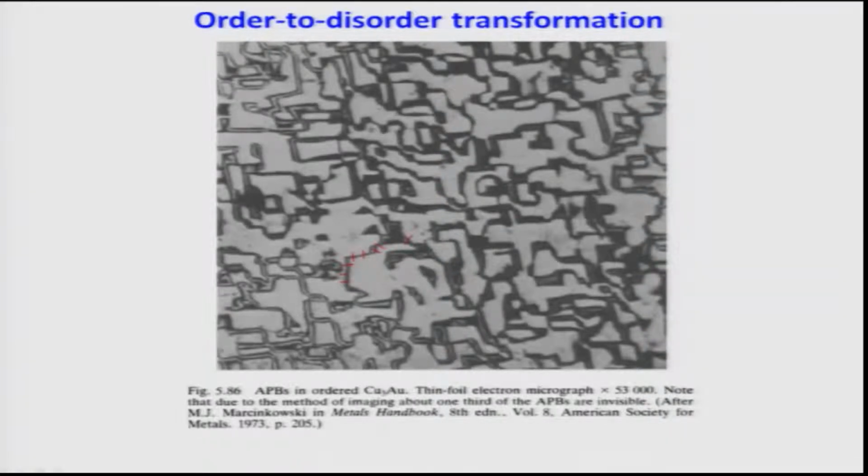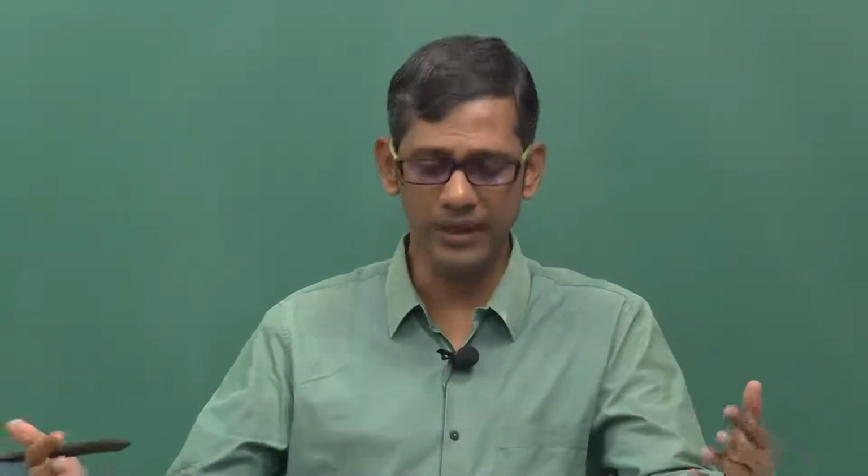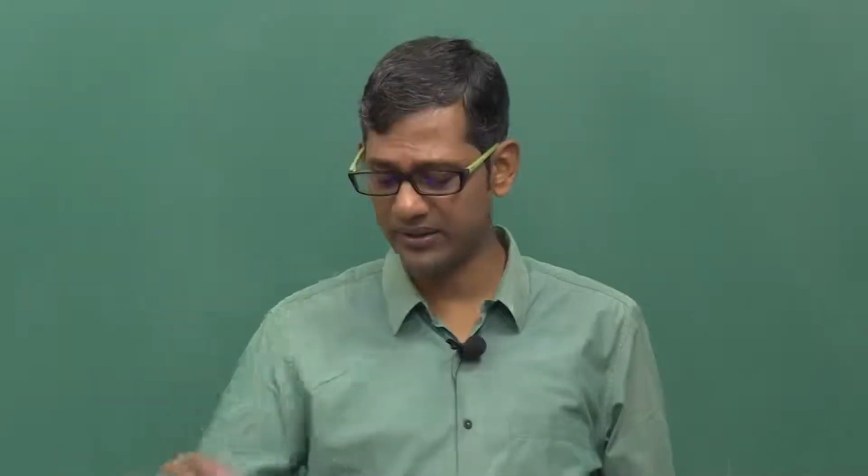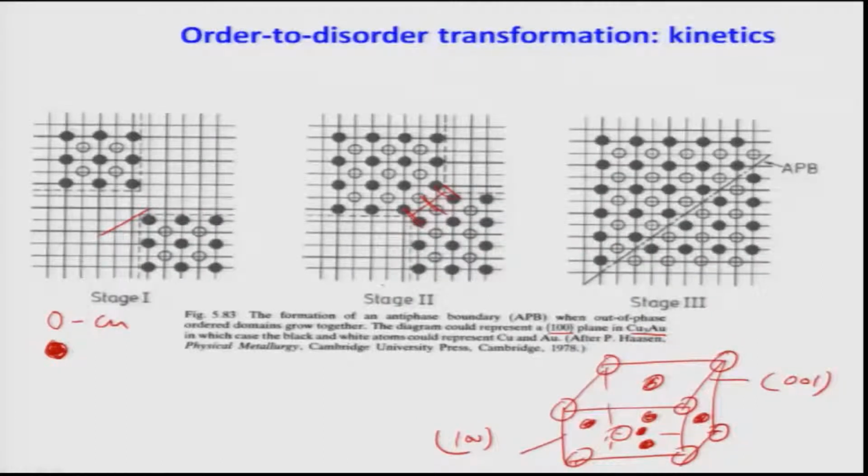Now, one can look in a much better way at how the ordering kinetics happens. That means how ordering takes place, in the sense of atomically how these domains come together and become bigger. That is a little difficult to conceive or understand at the stage you are in, because the atomic arrangement I have shown you here is a much simpler one.